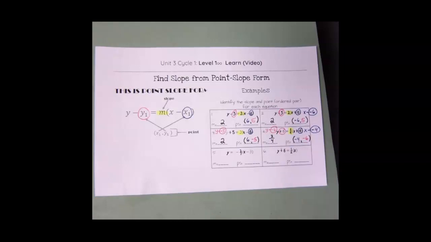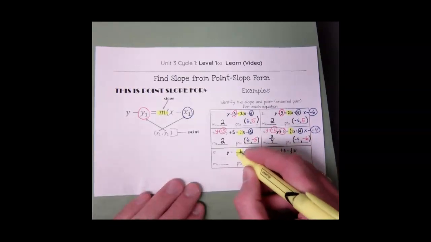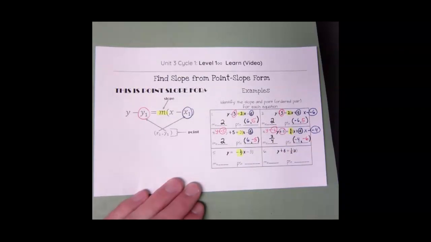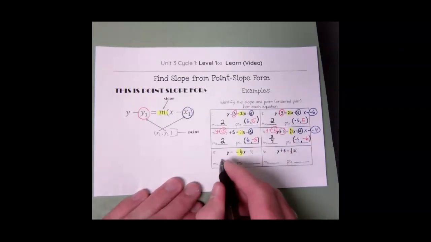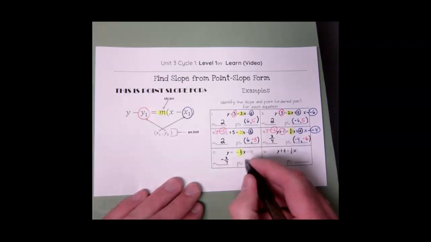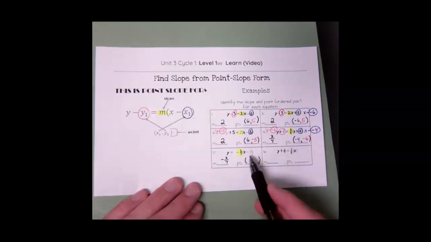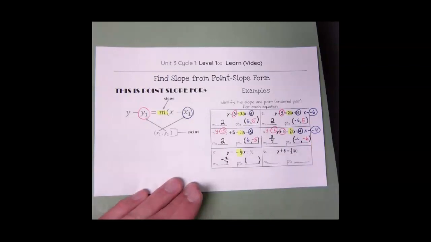Okay? Couple more examples. My slope here is negative 2 over 7. It's just what's in front of the x value in the parentheses. Okay, my points, still going to do the same thing. I'm going to look for x1. My x1 right here looks like minus 3.